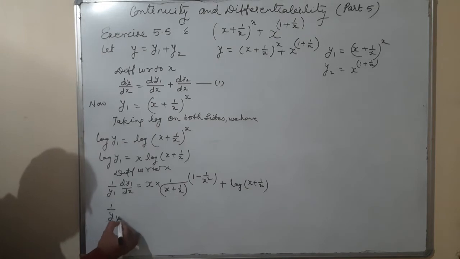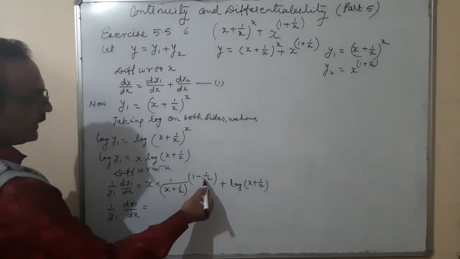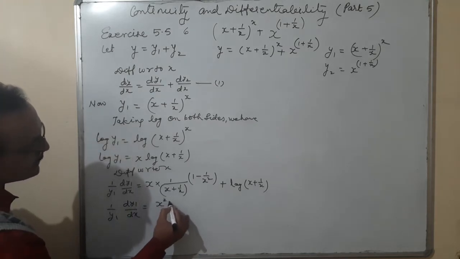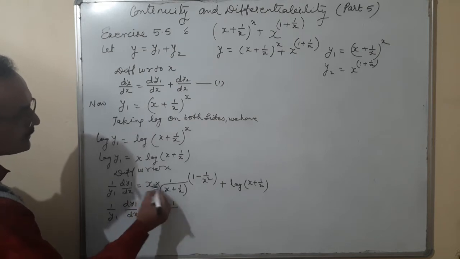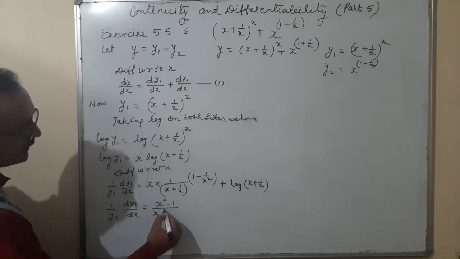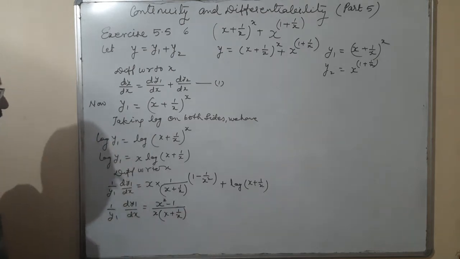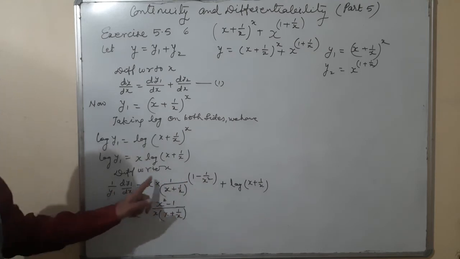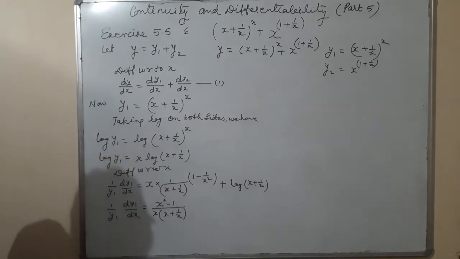1/y1 dy1/dx is equal to, here what should be done? (x^2 - 1)/x^2, one x cancels. So I write here (x^2 - 1)/x, divided by (x + 1/x). What I have done here: (x^2 - 1)/x^2, this x is cancelled by the 1, so (x^2 - 1)/x, and it is divided by (x + 1/x).